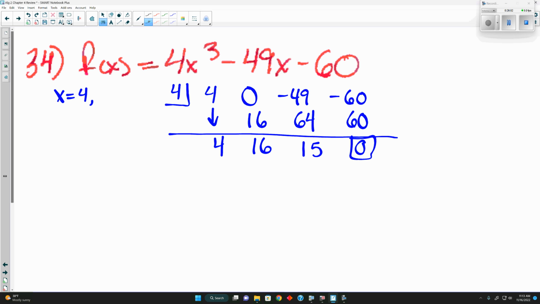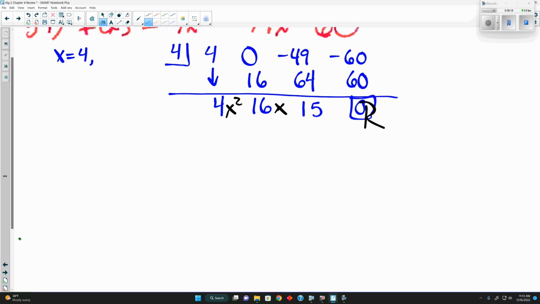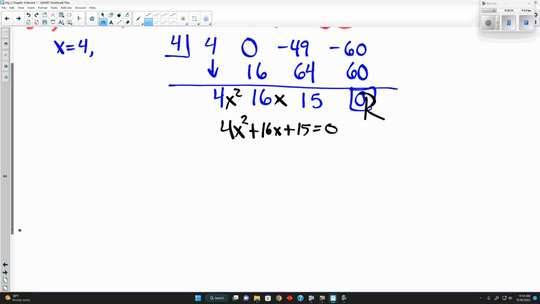Now we can plug the variables back in. This would be our remainder. 15 would be the constant term, the term without x. 16 would be the term with x, and 4 would be the term with x squared. So what we have is 4x squared plus 16x plus 15 is equal to 0.